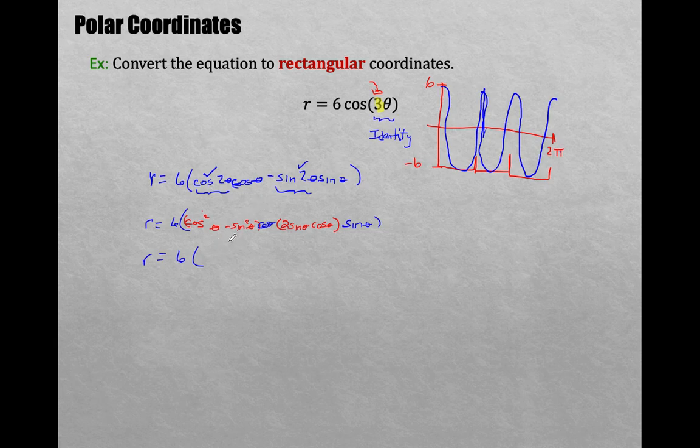So now I'm going to distribute, and I have cosine cubed theta minus sine squared. Right, I'm distributing here. Minus, and I'm going to distribute here.